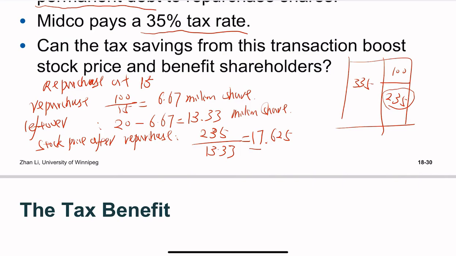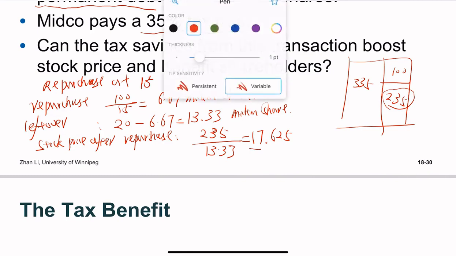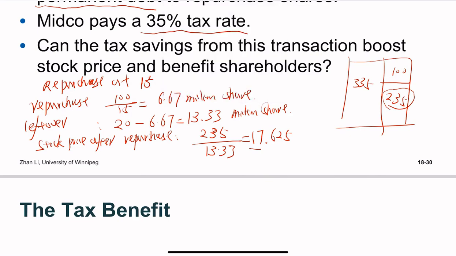Well, if you think about this, you can see that this answer is incorrect. Why? It's actually very weird. It's not logical because look at our assumption here. We assume the firm can make the purchase for $15 per share. And after the repurchase, the share price will increase to $17.625.